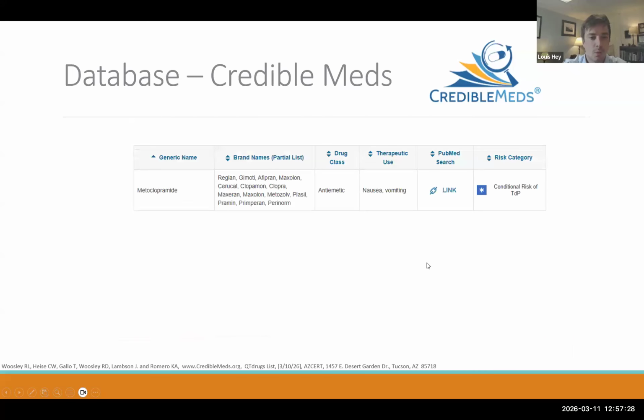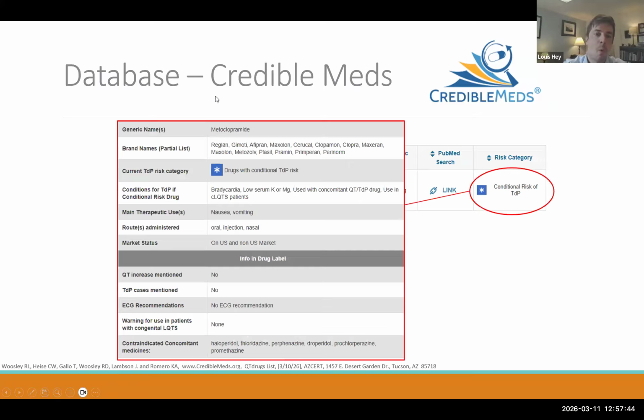So this is what it looks like when you search for a drug. Here I searched for metoclopramide. It gives you the brand names, the class of medication, what it's used for, and then a couple links. Here we can see that metoclopramide has a conditional risk of torsades. If you click on that, it brings this up.